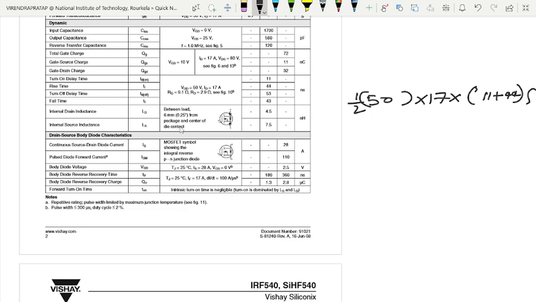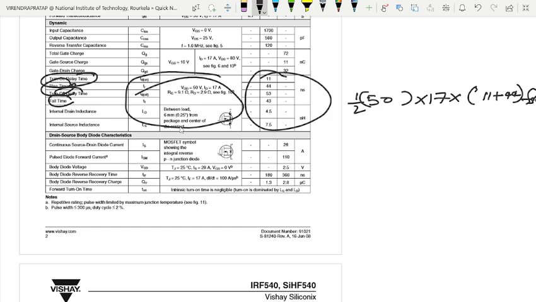Switching frequency is also given. All the data is given. Turn-on delay time, rise time, fall time, all given. We can find the switching power losses. It is given directly.